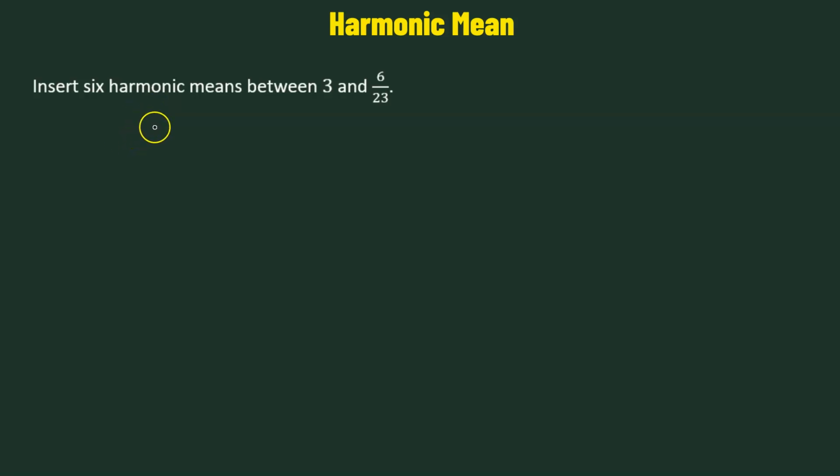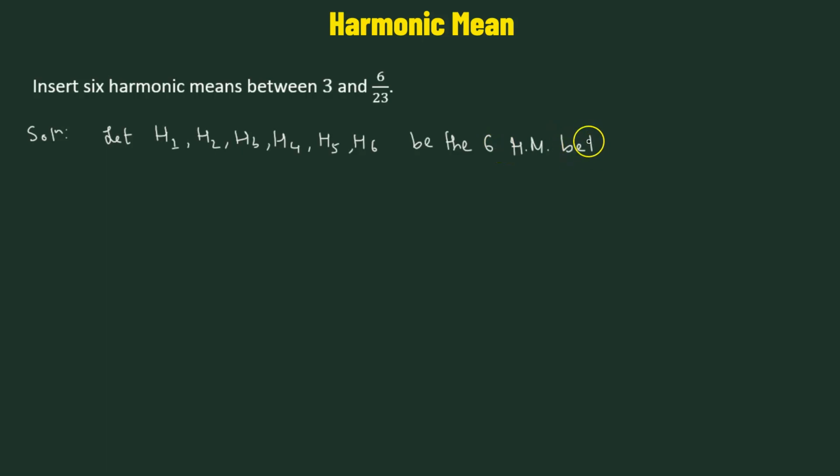Further, we need to insert 6 harmonic means between 3 and 6 over 23. So let us begin. First, we will assume that h1, h2, h3, h4, h5, h6 are the 6 harmonic means between the two numbers 3 and 6 over 23.